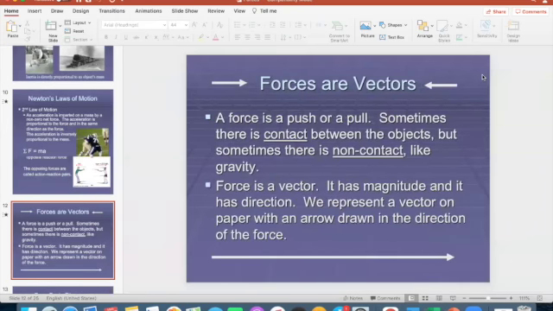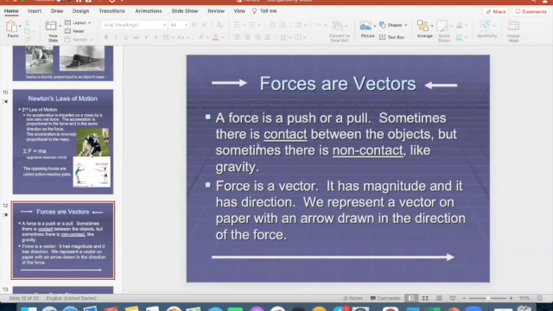All right, so forces are vectors. Last chapter, we did discuss vectors, and vectors have both a magnitude and a direction. Magnitude simply means the numerical value, and the direction means the compass direction in which the force is being pushed or pulled. Again, a force is simply a push or pull on an object.